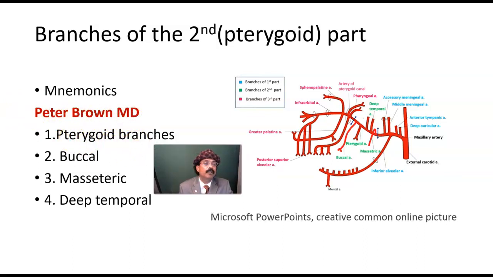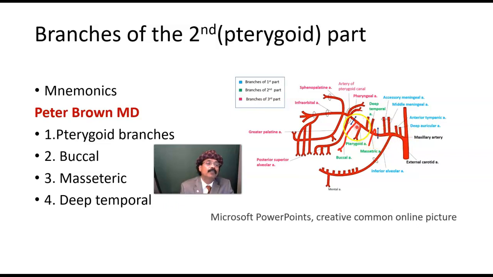First, let us recollect the branches of the first part: the deep auricular, the anterior tympanic, the inferior alveolar, the middle meningeal artery, and the accessory meningeal artery. Our mnemonic was AIDMA.